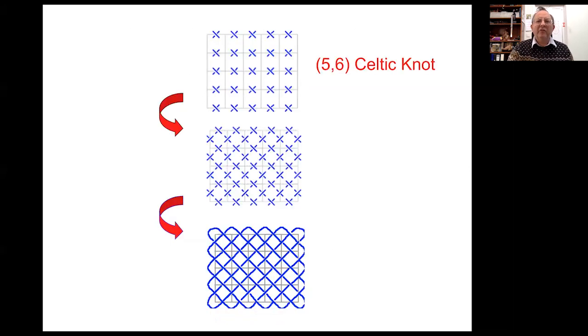For example, here's a 5-6 grid. And the basic construction for the simplest Celtic knot is on the horizontal lines at the bisector of each square. You draw a cross with the leading diagonal going from top left to bottom right, and the one underneath it, a broken one.